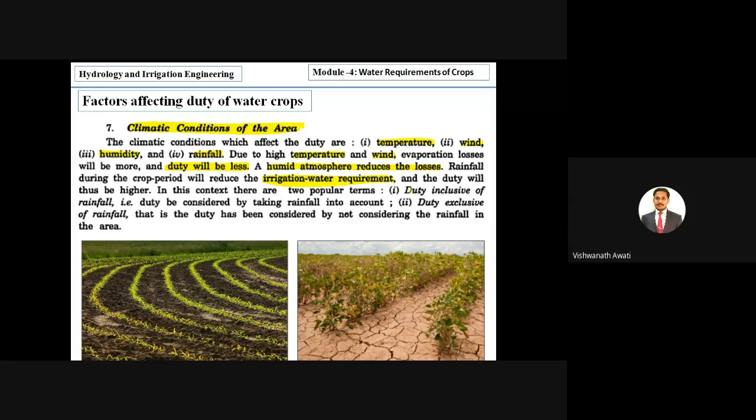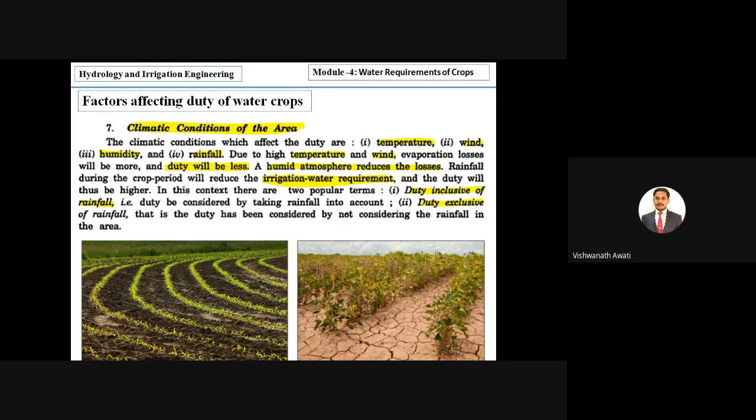One is duty inclusive of rainfall, where rainfall is considered in the duty calculation. The second is duty exclusive of rainfall, where we do not take rainfall into consideration.